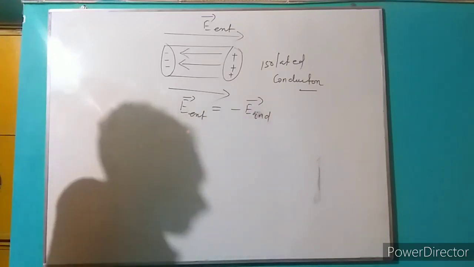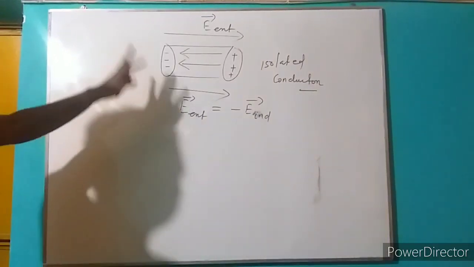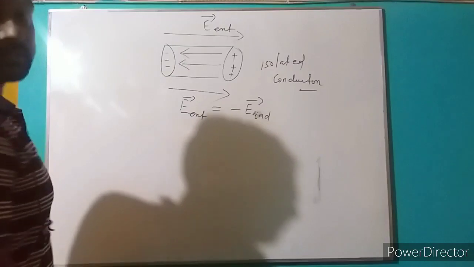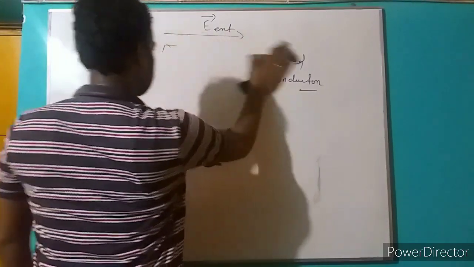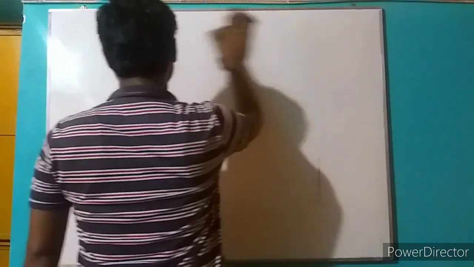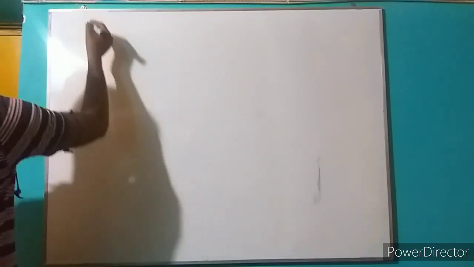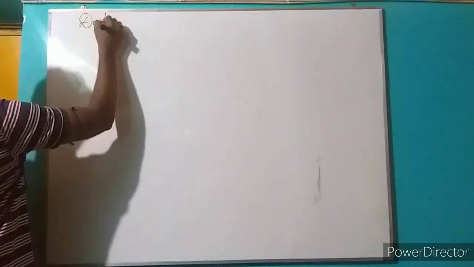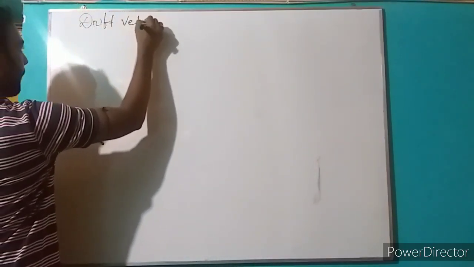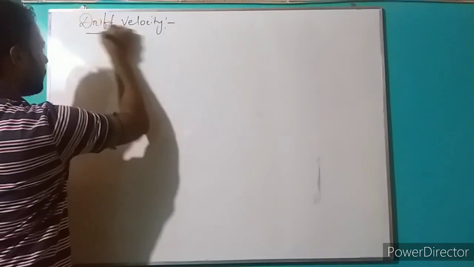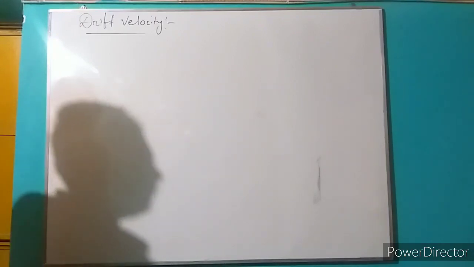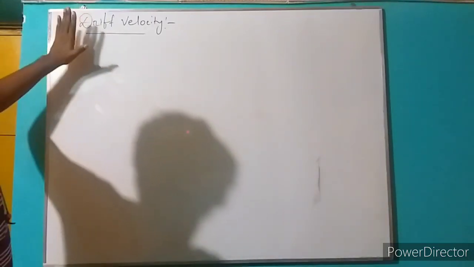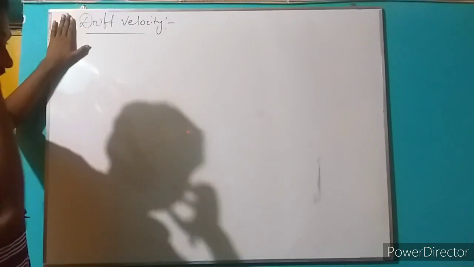Now I am going to drift velocity. You know about all these things. Please listen carefully and note it. So the next topic is drift velocity. What do I mean by drift velocity? This is a very important long question for your board exam.